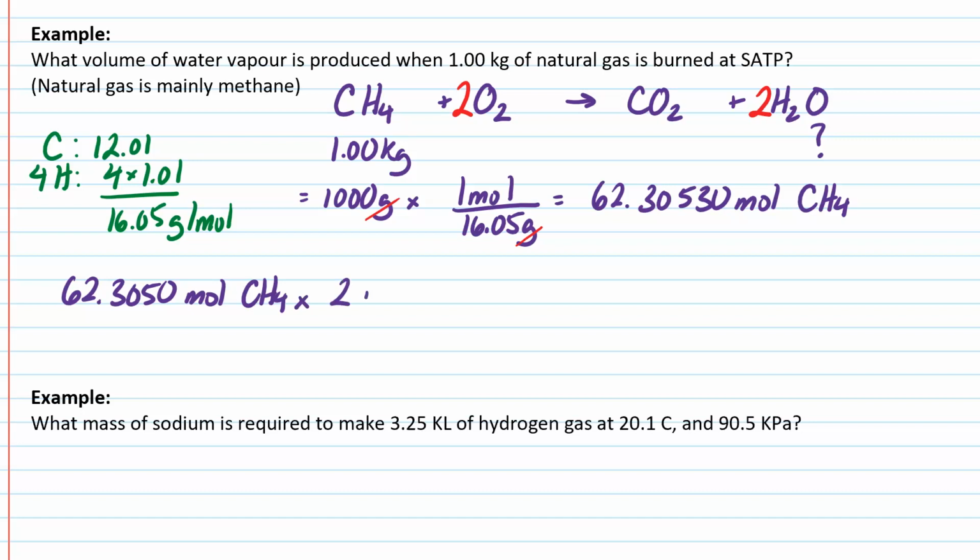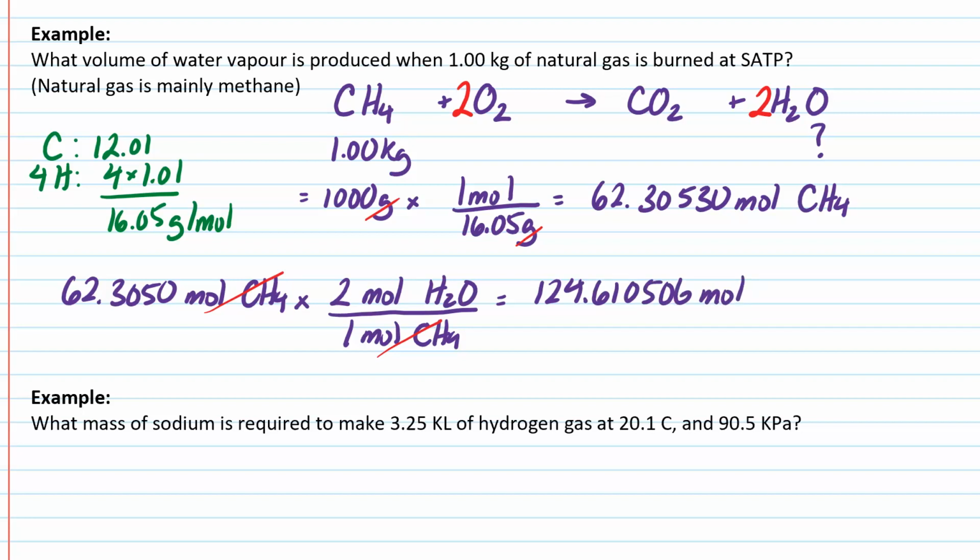There are 2 moles of H2O for every 1 mole of methane. Therefore, we have 124.610506 moles of water vapor.